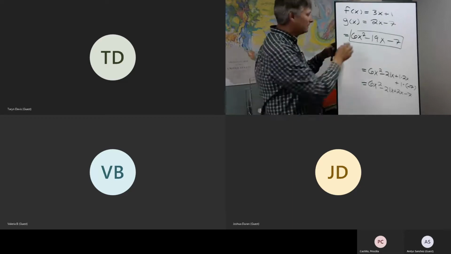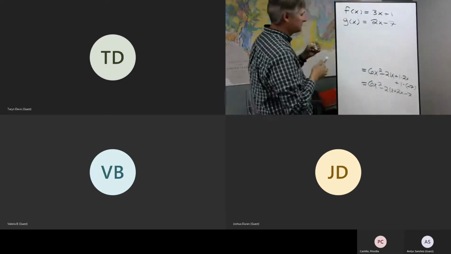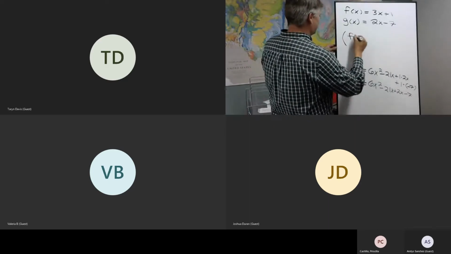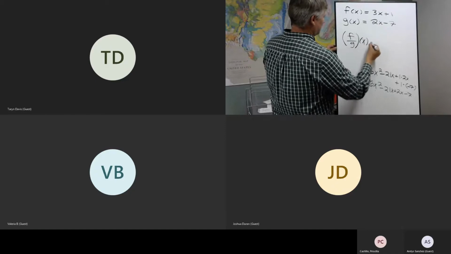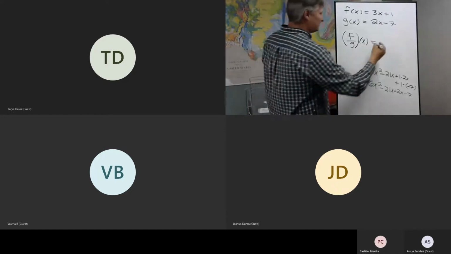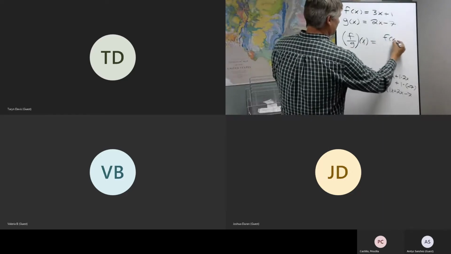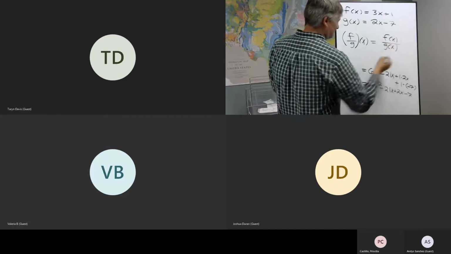So the other one, f over g of x, excuse me. Well, this will be f of x divided by g of x.